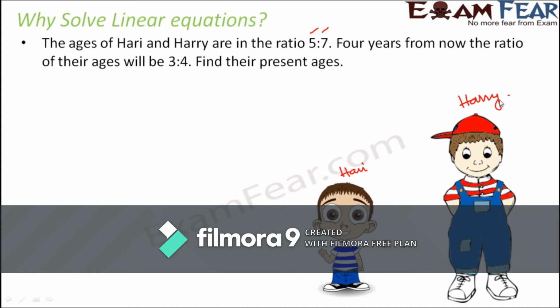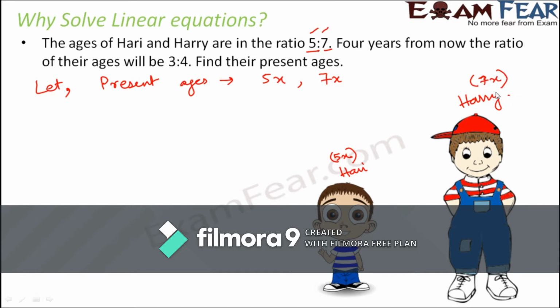So how will you do that? Here also, because the present ages are in the ratio 5:7, let us assume that the present ages are 5x and 7x. So we assume that Hari's present age is 5x and Harry's present age is 7x.